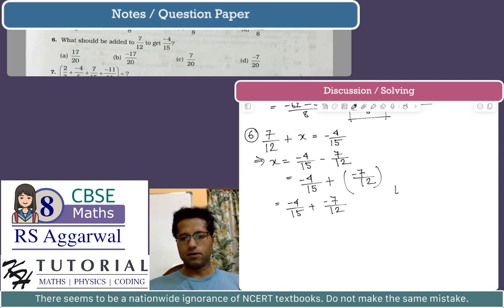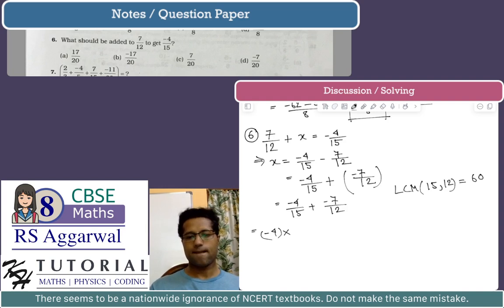We see that the denominators are different. We have to take the LCM. We have to find the LCM of 15 and 12, which I guess, I hope, is 60. Yes, it is 60. So this becomes minus 4 multiplied by 4 divided by 60 plus minus 7 multiplied by 5 divided by 60.